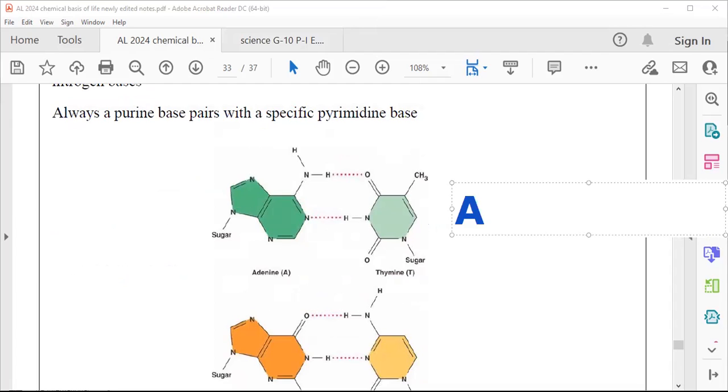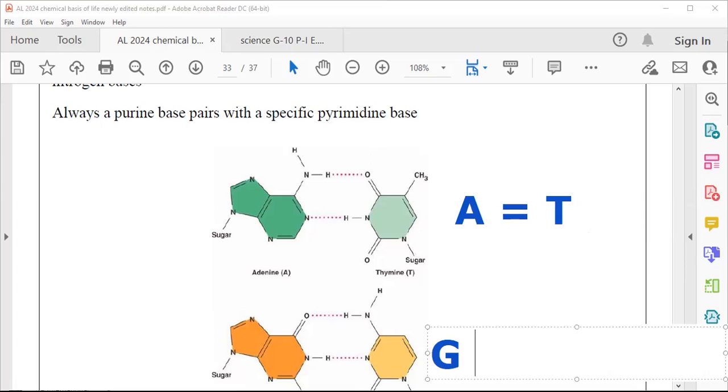So we mark a 2-line bond and mark T. Mark it down like that. How many lines do you mark? Two lines.